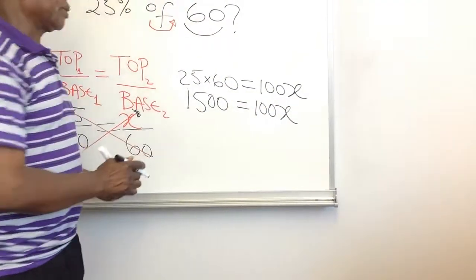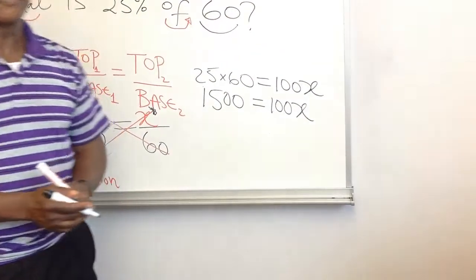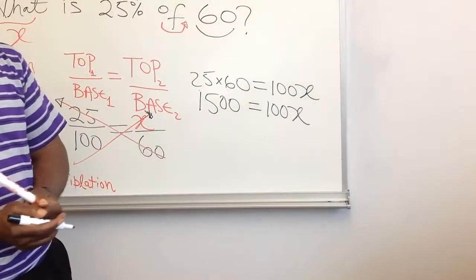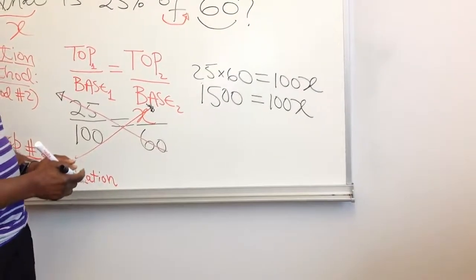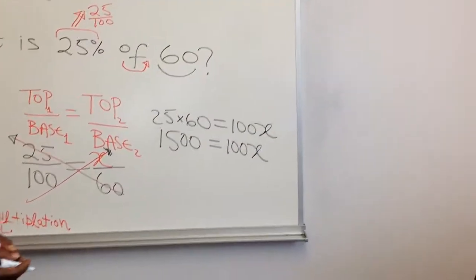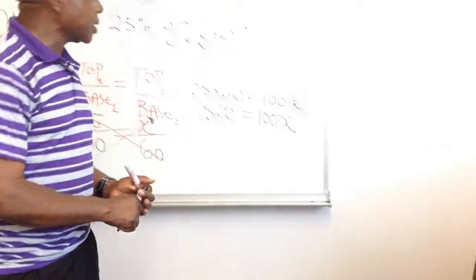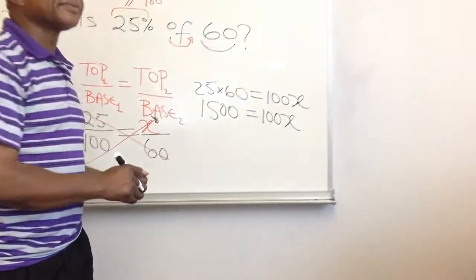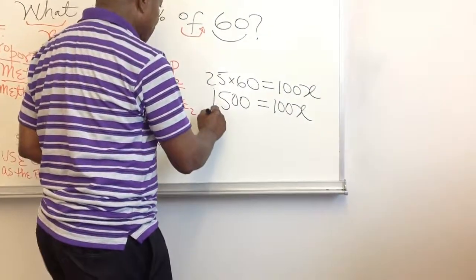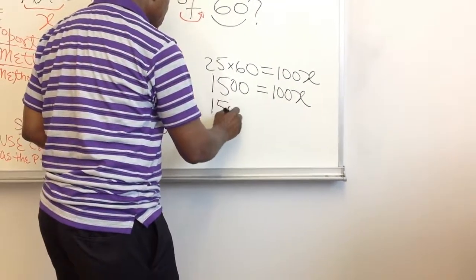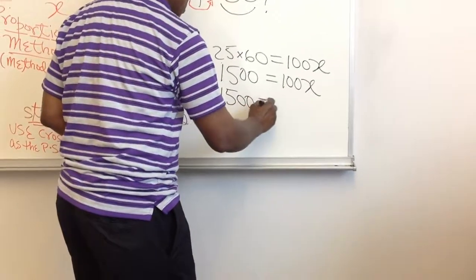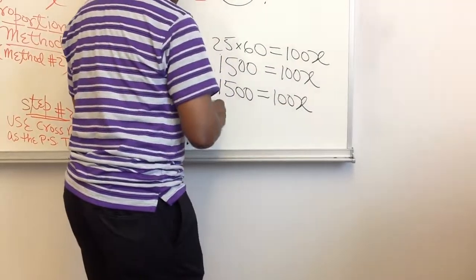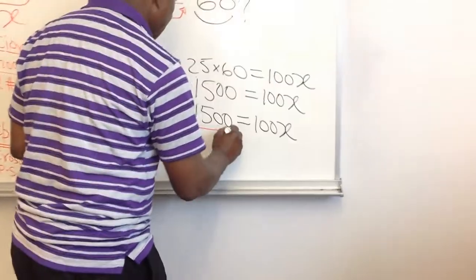So 1,500 equals 100x. So how can we get the value for x in this equation? Well, to get a value for x, we need to divide both sides of the equation by 100.